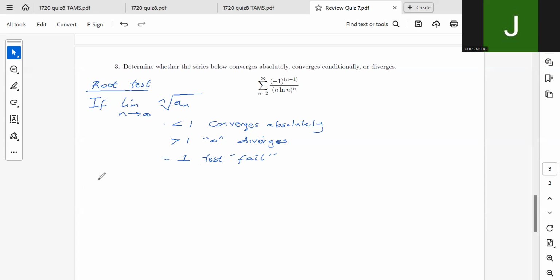So limit, observe for this case, we won't use the root test for this because of the minus 1. So in that case, we will revert to another test.